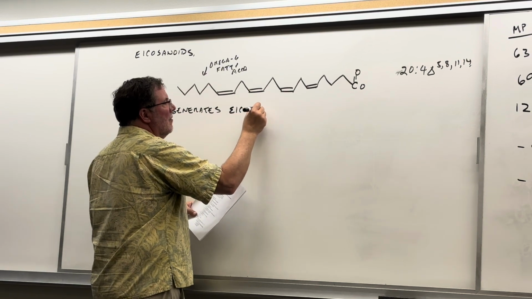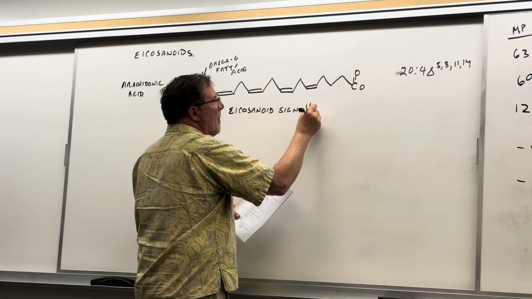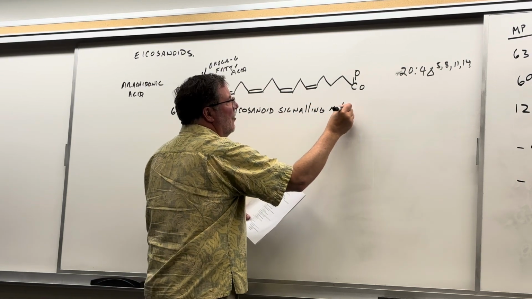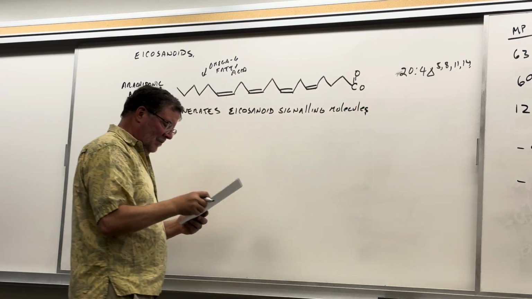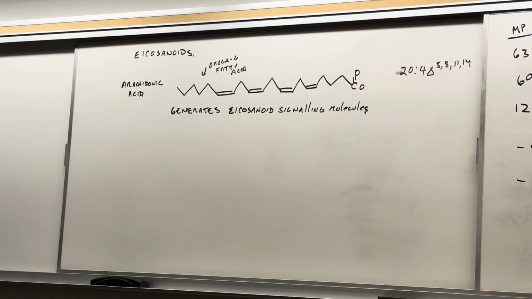I'll show you the pathway in just a sec. These are molecules with names like prostaglandins, thromboxanes, leukotrienes, prostacyclins. If anybody's taking one of those classes on signaling molecules, some of those names may sound familiar.